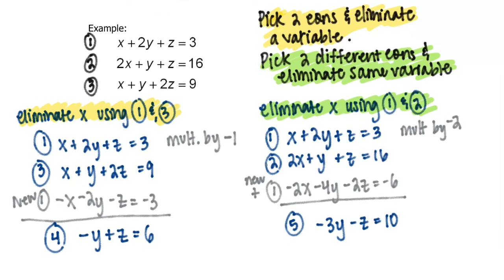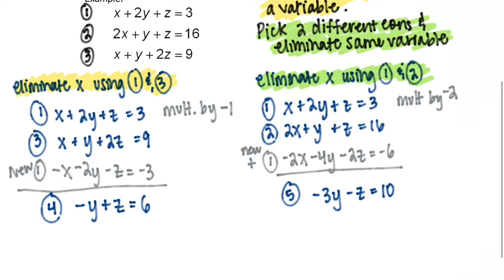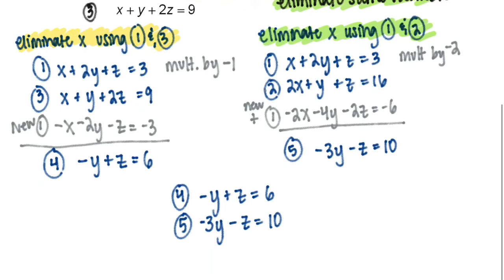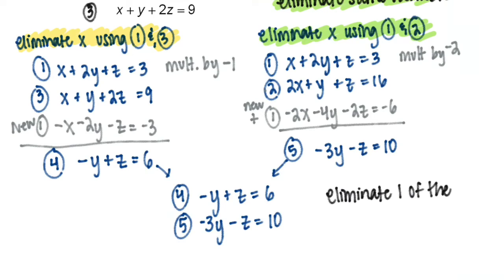Now what we do, this is some cool stuff right here. So now we went from 3 equations with 3 variables to 2 equations with 2 variables. So now we can take these 2 equations and consider them together, and we want to now eliminate one of the 2 variables.